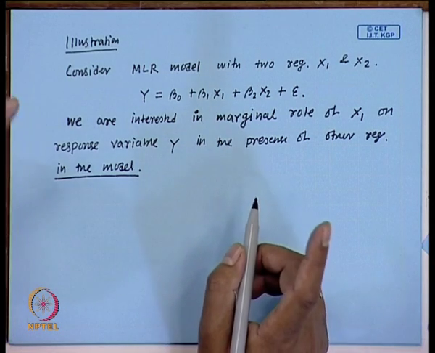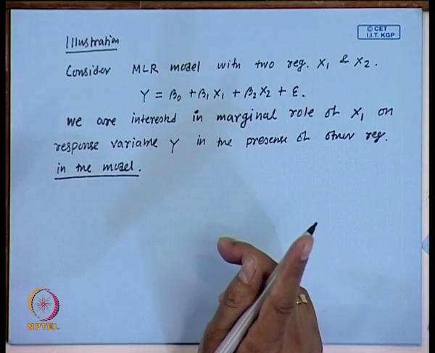there are two regressors x1 and x2, and I am interested to see the marginal role of x1 on the response variable. So first, my aim is to eliminate the effect of x2.